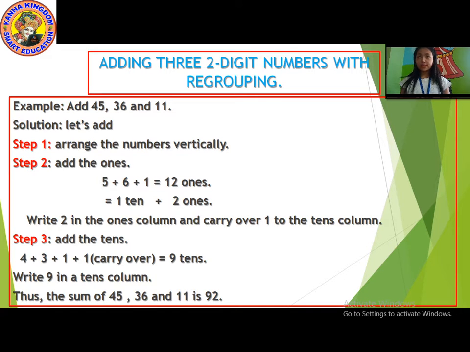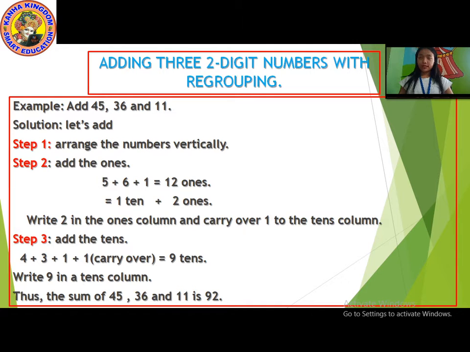So we should take 1 from 11. So we collected 3 digits from 3 numbers, like 5 from 45, 6 from 36 and 1 from 11. So we should add 5, 6 and 1.